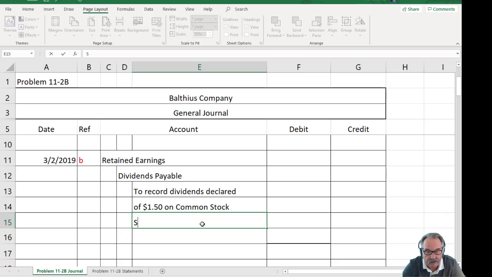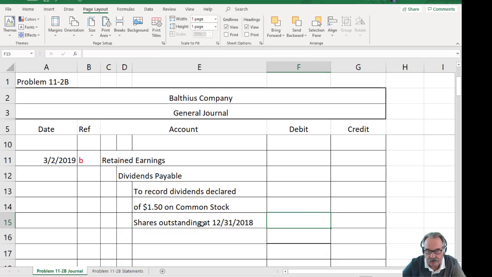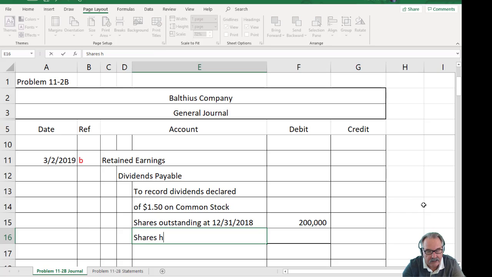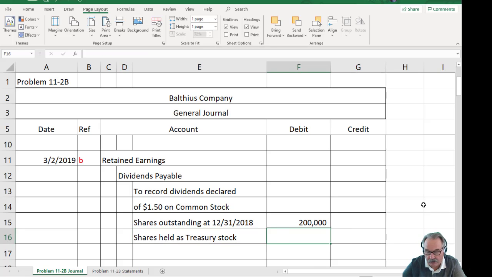The shares outstanding at 12/31/2018 was 200,000. Again, this was right in the book. But now there are shares held as treasury stock. That's 40,000, and we'll put a minus sign in front of that because we're not going to pay dividends to ourselves.